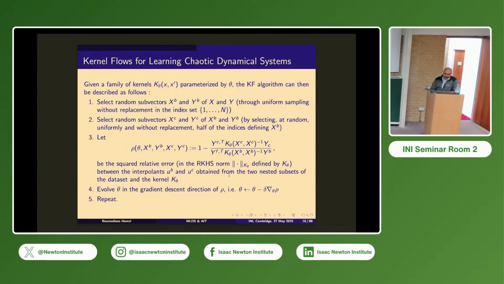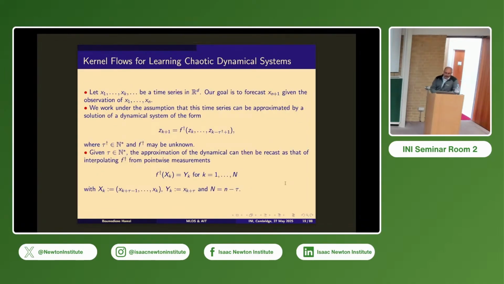Then one would evolve theta in the gradient descent direction of rho, which is theta k plus 1 equal to theta k minus delta times the gradient of rho with respect to theta. This is like a trainable machine learning method that is not necessarily a neural network, where the goal is to learn the parameters of the kernel through gradient descent.